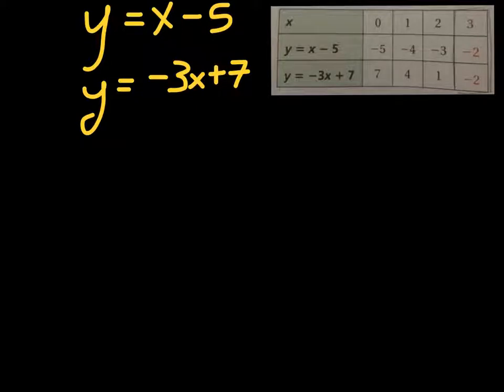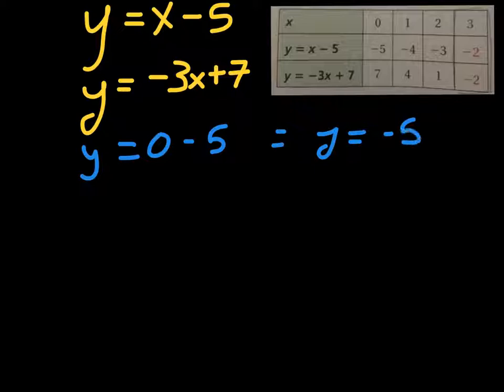Let's plug in 0 for the first one, when we'll get 0 minus 5. And when we do that, y equals a negative 5, right? Which they've put right here. Now, if 0 is part of our solution, then we need to be able to plug it into the second equation, y equals a negative 3 times 0 plus 7.